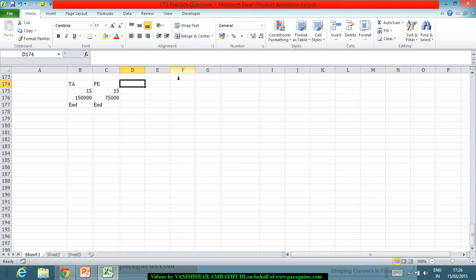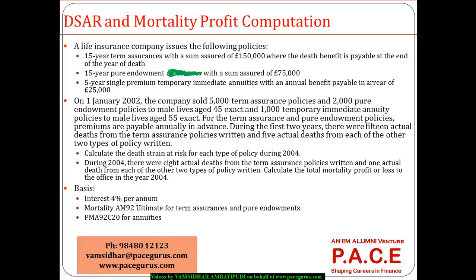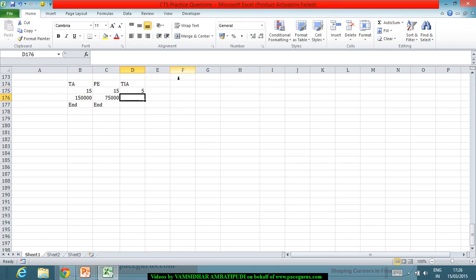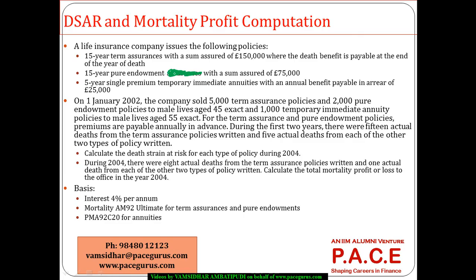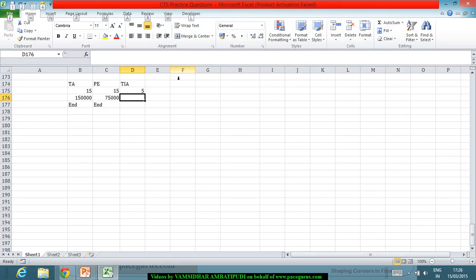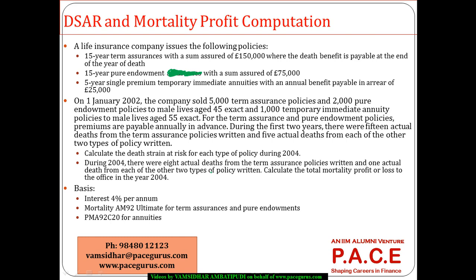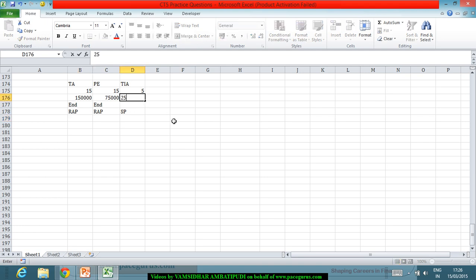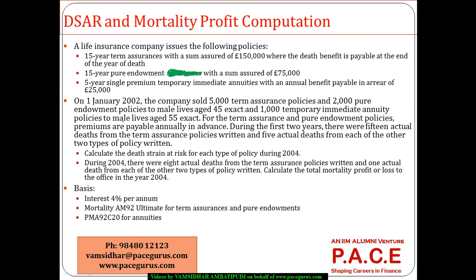Then we have a temporary immediate annuity for a 5-year period, which is a single premium policy. For the others the premium is a regular annual premium, and here it's a single premium. The annual benefit payable in arrear is 25,000, so every year a benefit of 25,000 is paid in arrear. These are the three policies.